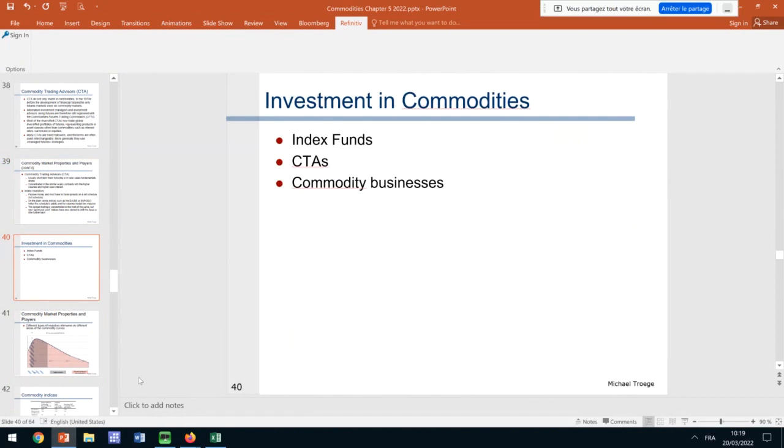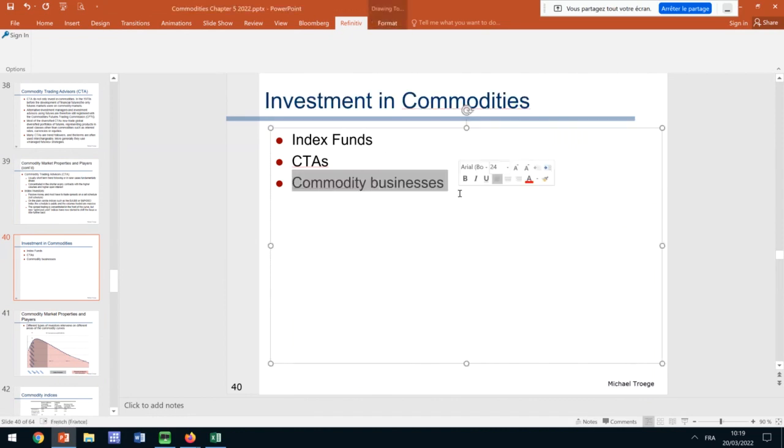Essentially you have two types of commodity funds, and then of course you can also invest in commodities by investing in companies that produce commodities. So you can buy an index of commodity firms, and that is probably the best way of investing in commodities. We'll see it in a minute. But you never directly invest in commodities if you invest in a commodity fund.